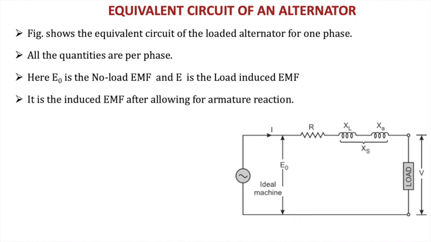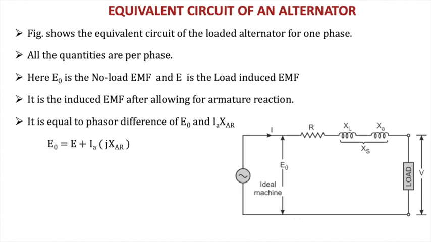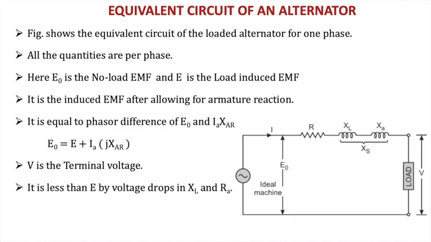E is the induced EMF after allowing for the armature reaction also, and it is equal to the phasor difference of E0 and IA XAR, which we have already done in the last lecture. So E0 will be equal to E plus IA into jXAR, because it is in quadrature. The behavior of the armature reaction is the same as the leakage reactance.